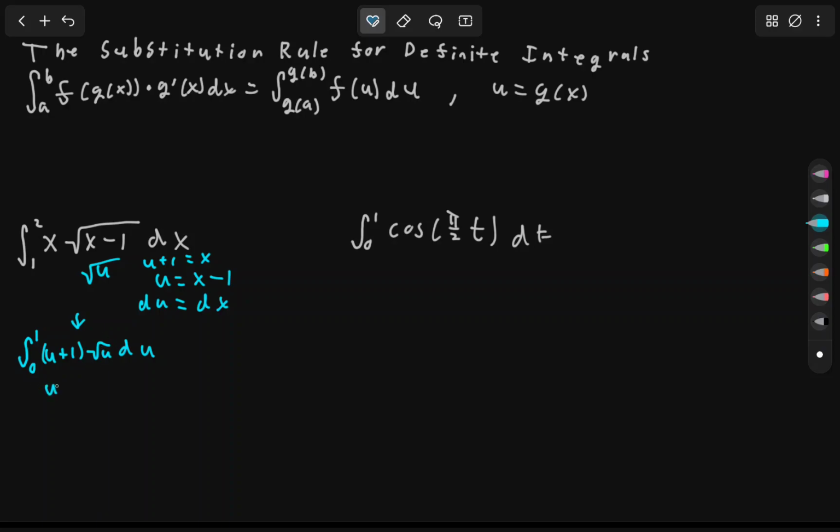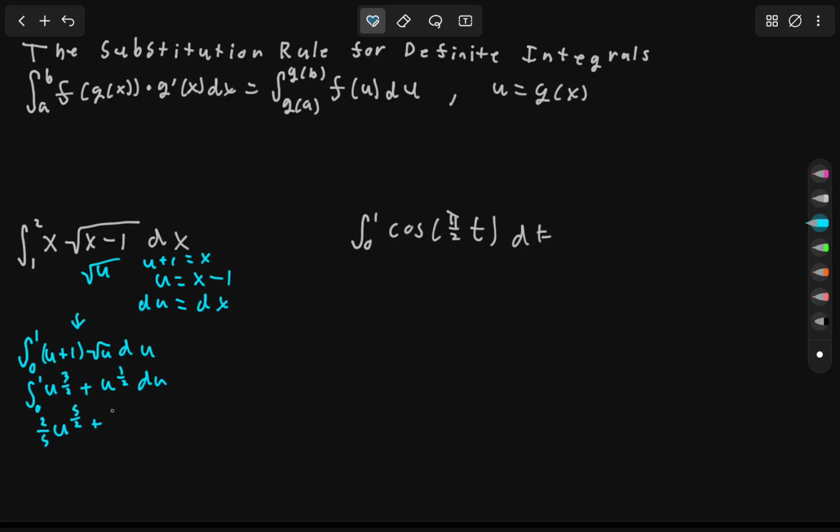So we get u to the power of 3/2 plus u to the power of 1/2, and it's the integral from 0 to 1 of du. All we have to do is increase the power by 1. So we get 5/2, so times by 2/5.